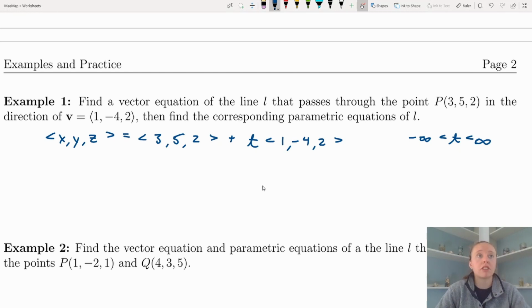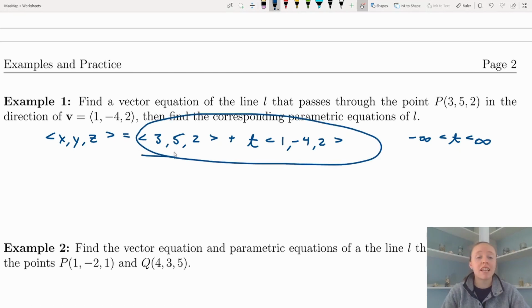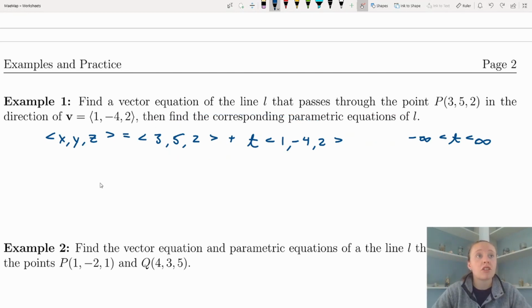That's our vector equation. So if we wanted to write this as a parametric equation, all we really need to do is find the individual components of that vector once we multiply the scalar in and then combine those two vectors. So the x component is going to be 3 plus t times 1, which is 1t, so 3 plus t.